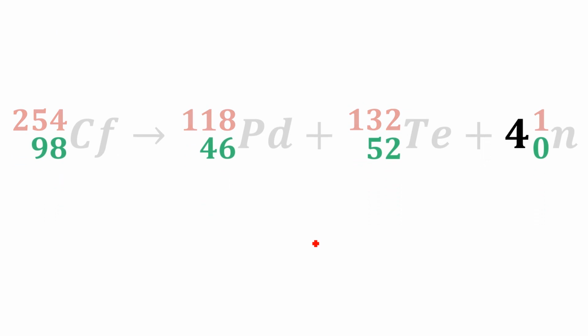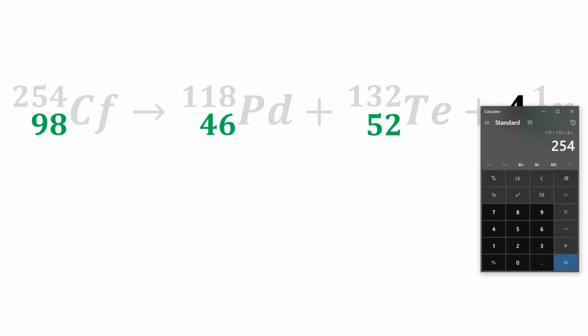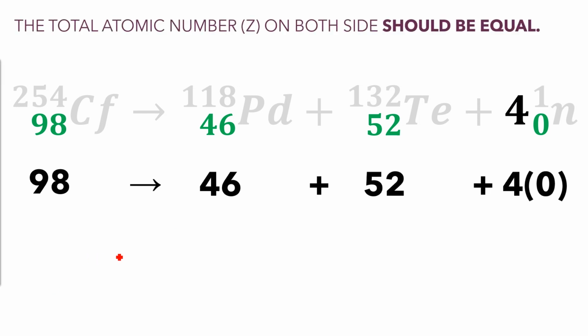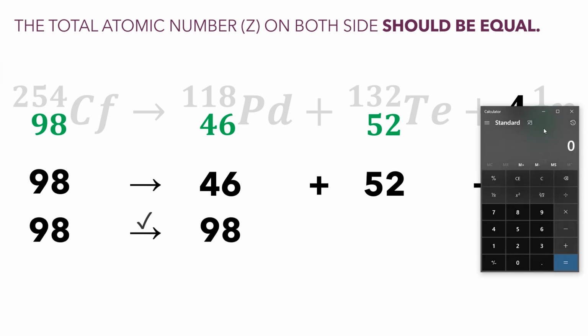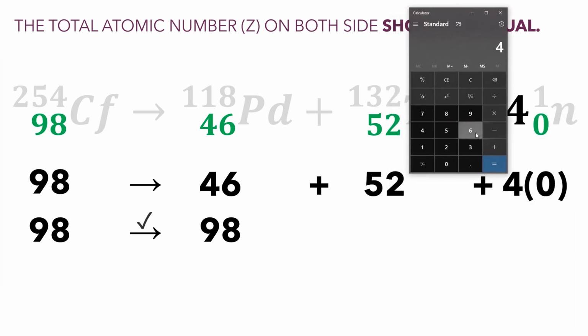So try naman natin yung baba kung the same ba. Pag pinag-add natin yung nandito sa kanan, the same ba? Let's check kung tama ba yung nakuha natin. So that is 46 plus 52 plus 4 times 0, 98.